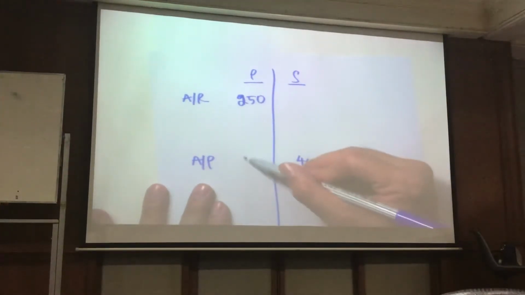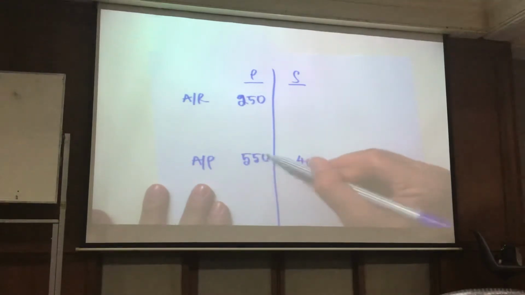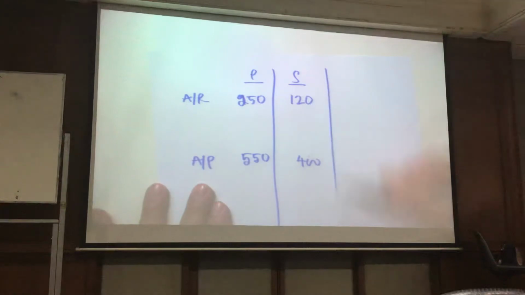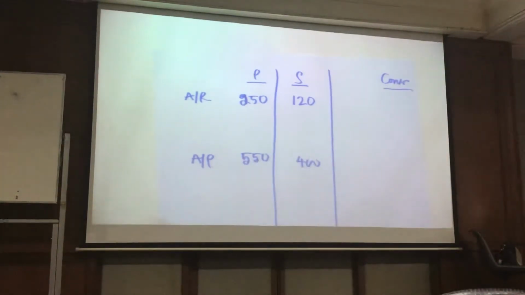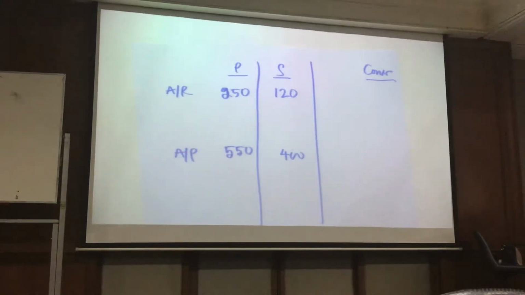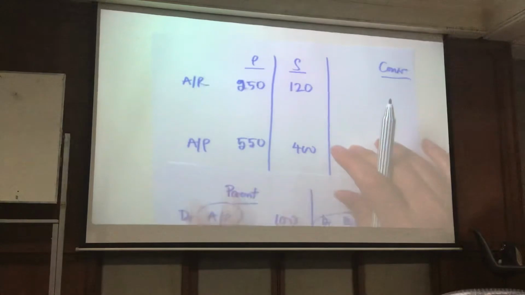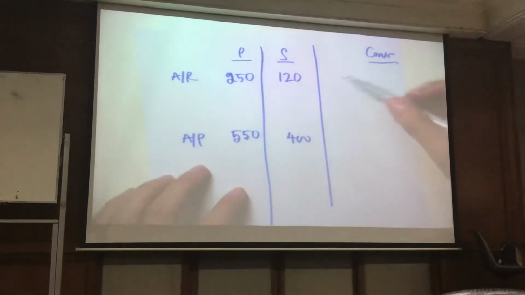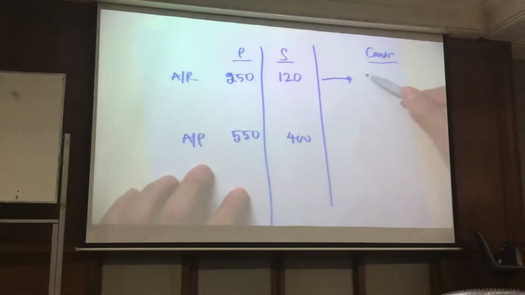AP of the parent is 550, and the subsidiary has 400. So in terms of consolidation, what do you expect to see based on one transaction? I know I sell to them and they still owe me. I'm the parent, they are the subsidiary.